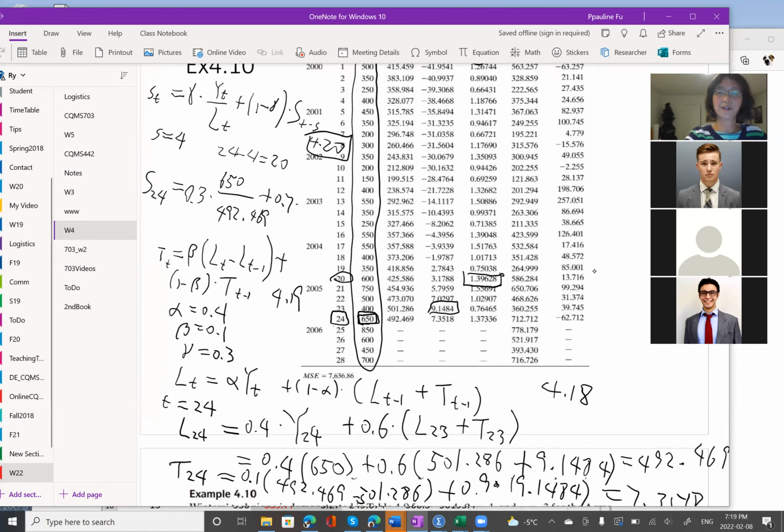S20 is 1.396. So 0.7 times 1.39628, and the result you'll get is 1.3734.